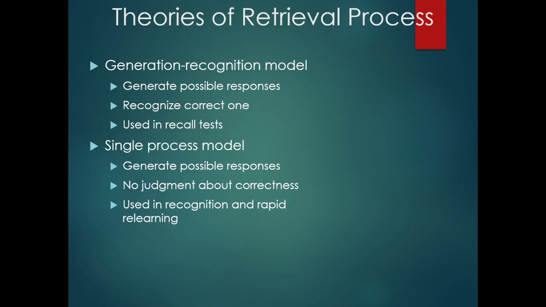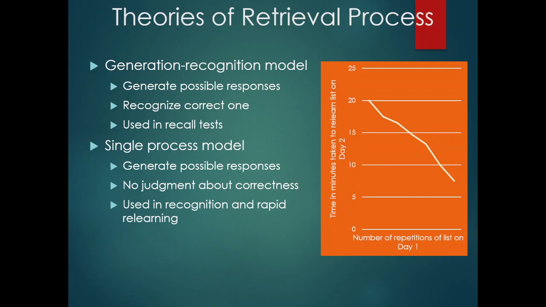And so in recognition and rapid relearning, we're going to see this strategy. So here we have the number of repetitions of the list on day one along the x-axis, and then the time in minutes taken to relearn the list on day two. And so what you see is that the more repetitions that the person had on day one, the shorter amount of time that they had to spend relearning the list on day two.